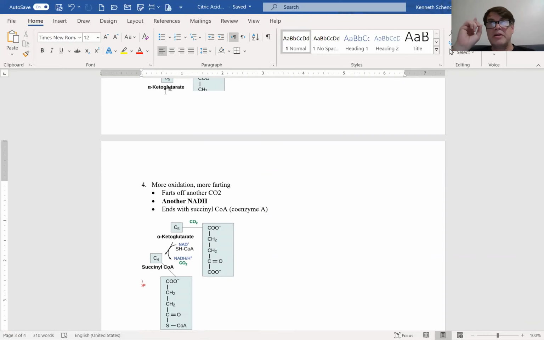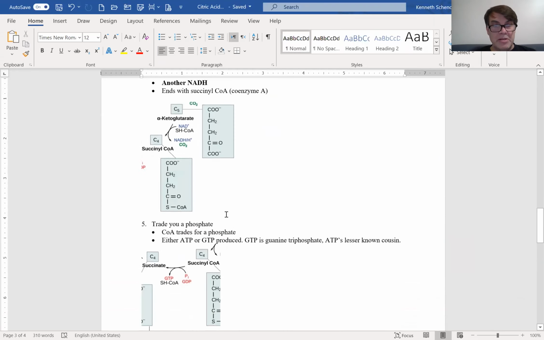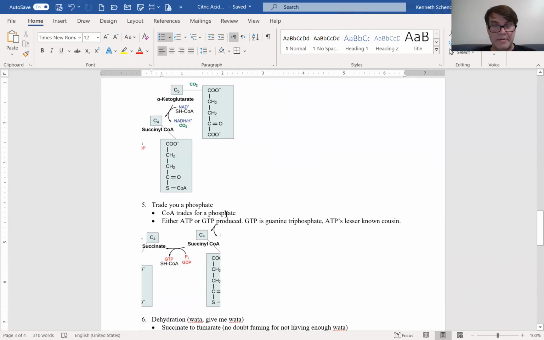So we did citrate, isocitrate, alpha ketoglutarate, and then now we're going to end with succinyl coenzyme A. Oh, there's the coenzyme A came back. Okay. Step 5, I'll trade you a phosphate.